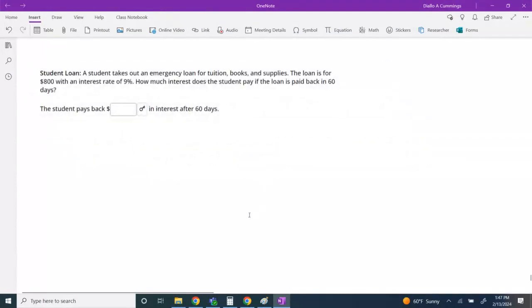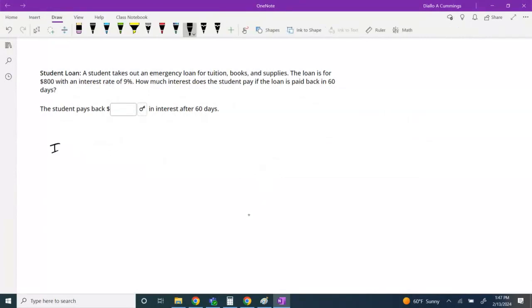All right. So we're going to calculate the interest. So I is equal to P times R times T. The principal is $800. The rate is 9%. And 9% as a decimal is 0.09.